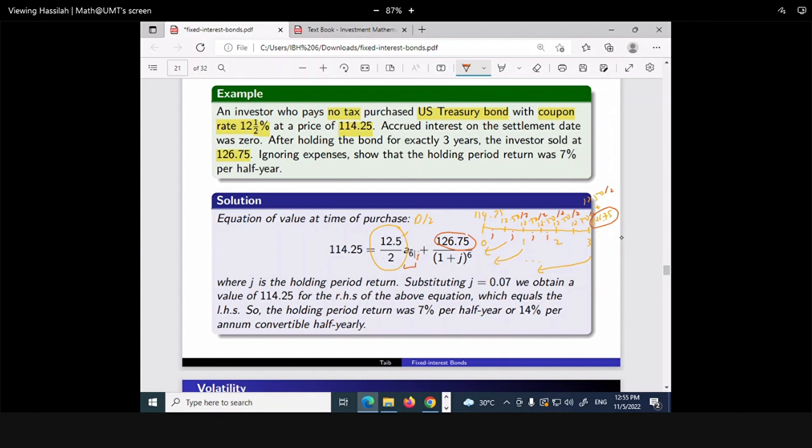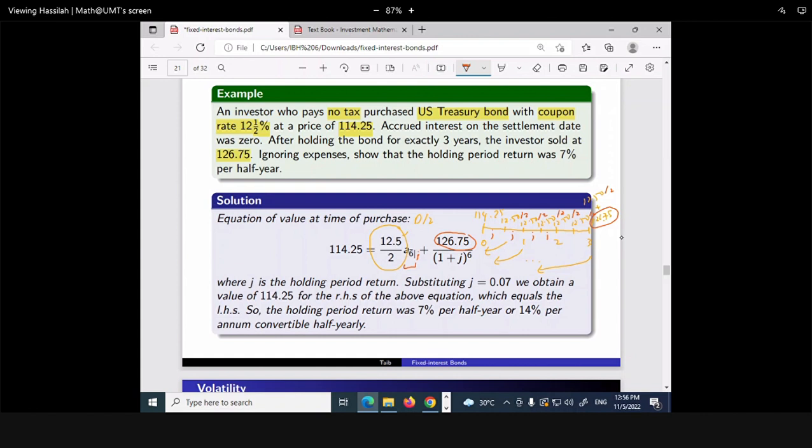So in this example, dia tak suruh you cari, dia suruh you tunjukkan sahaja. Dia nak melihat sama ada you faham structure payment ni macam mana bentuk dia.